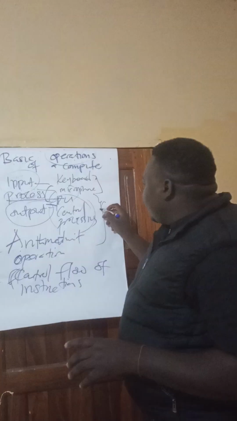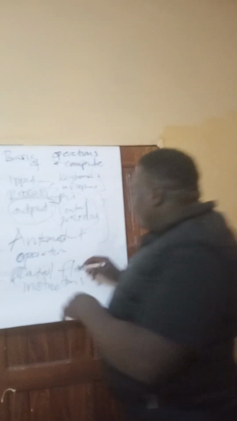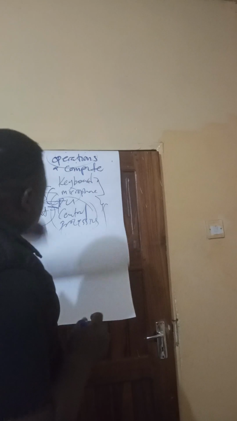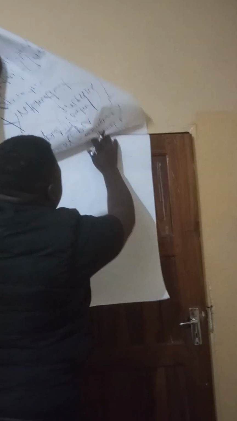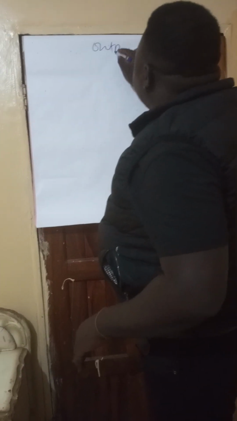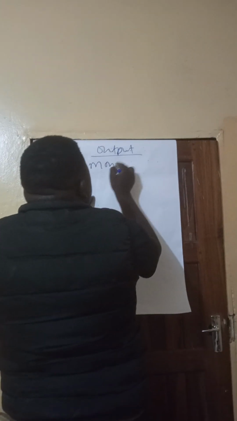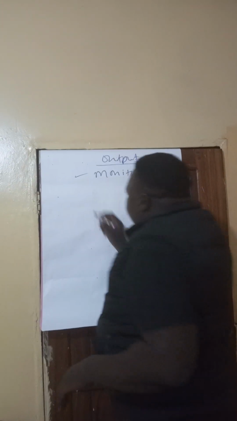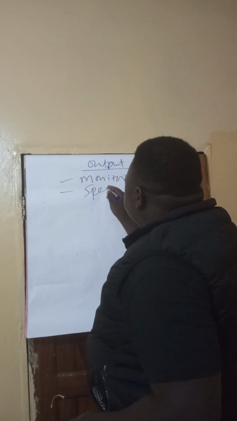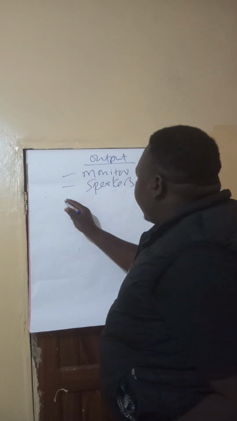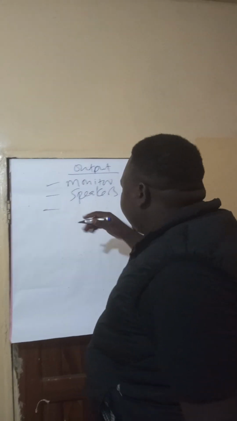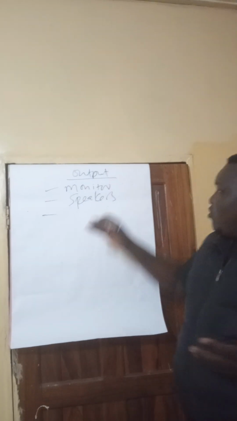Now we're looking at examples of output devices. We're talking about the monitor and speakers.